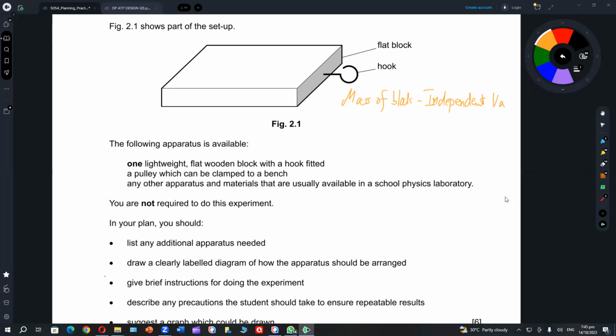This is the independent variable. Force is the dependent variable.